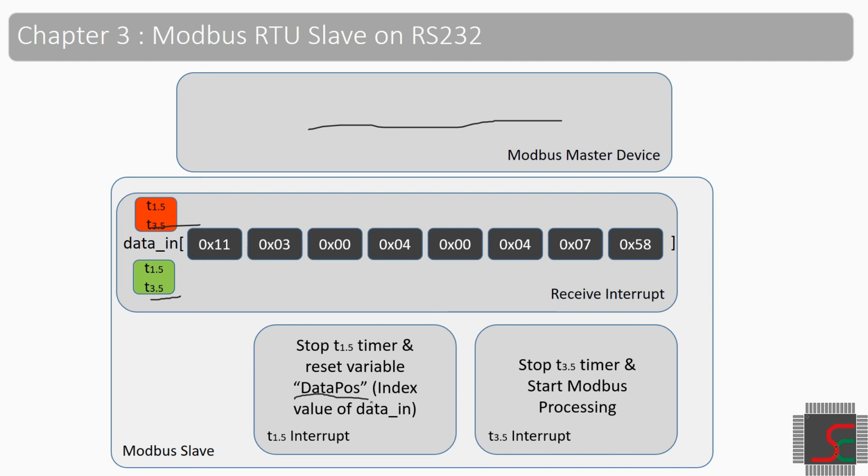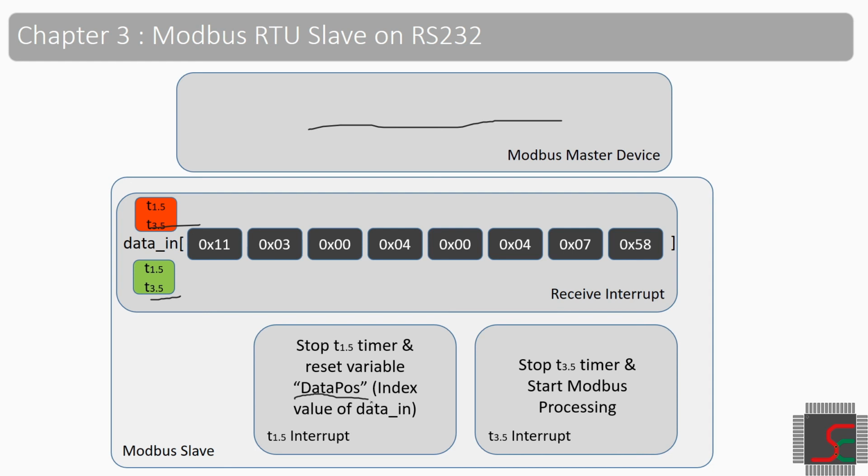In this T3.5 timer routine, we will first recalculate the CRC of the received frame. Suppose we received 4 bytes, so we will recalculate the CRC of the received bytes minus 2. Why have we subtracted 2 bytes? Because the last 2 bytes of the Modbus frame are the CRC calculated by the master, not the slave.